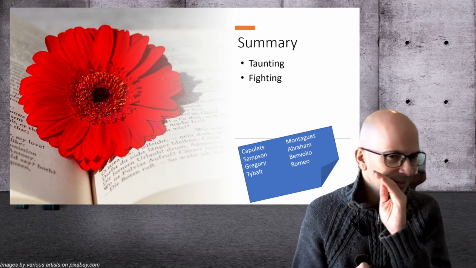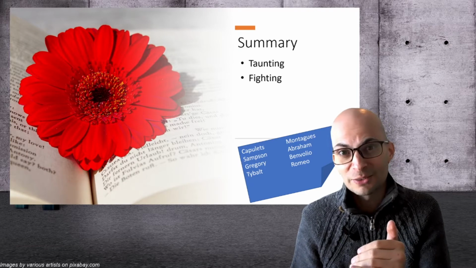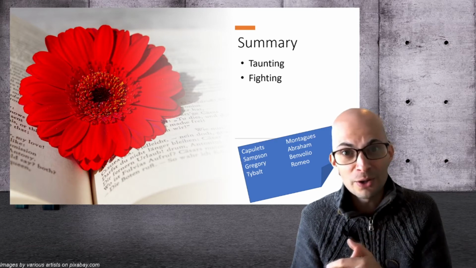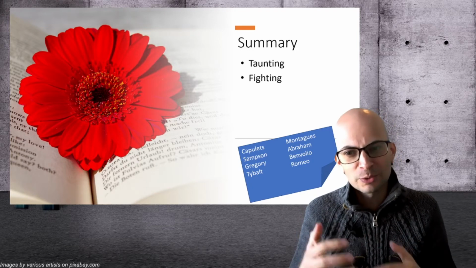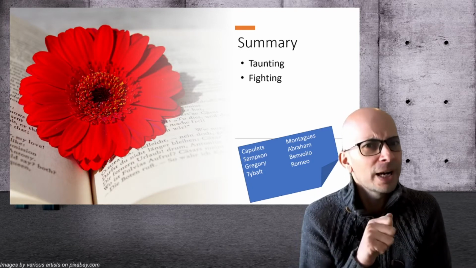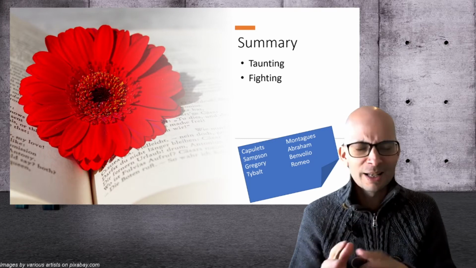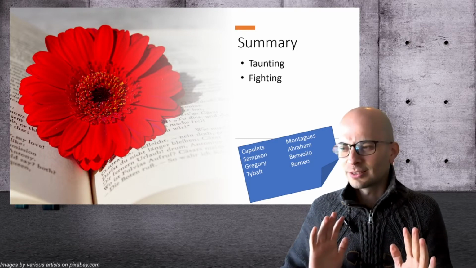But then Gregory wants to battle, right? So if he lets Abraham go, then there's not going to be a fight. And so Abraham starts to walk away and he's like, oh, but I am biting my thumb though. And then Abraham has to stop. It's like, well, hold on, what's going on?